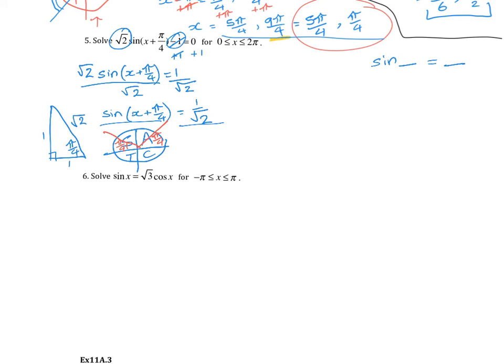And now, again, we're between 0 and 2 pi. So we're going to go around from 0. That's pi on 4. So we've got x plus pi on 4 equals our first angle, pi on 4. And then keep going around. Okay, I hit my line, but I don't know what that is, so I'm going to go to pi minus pi on 4.